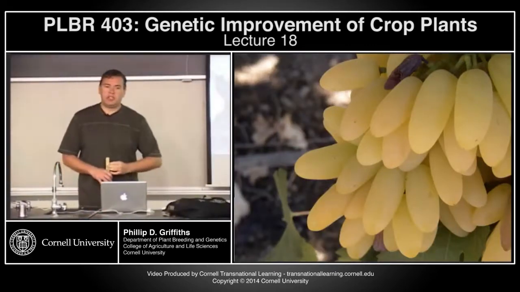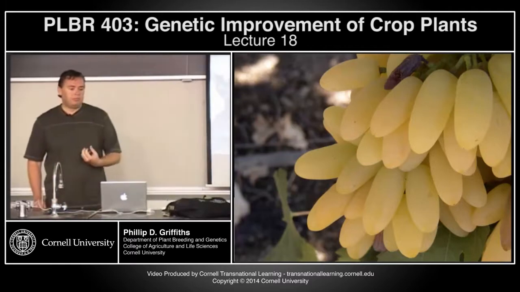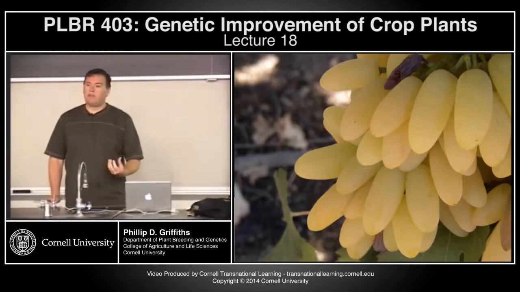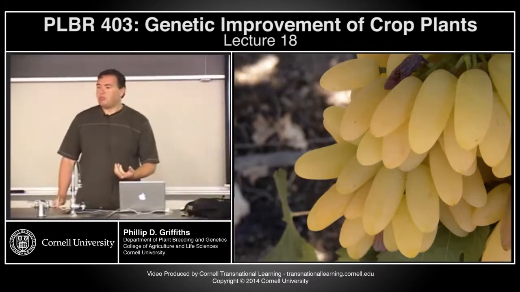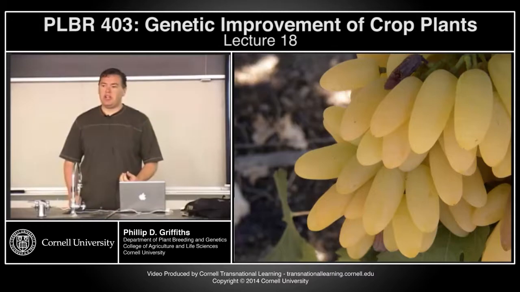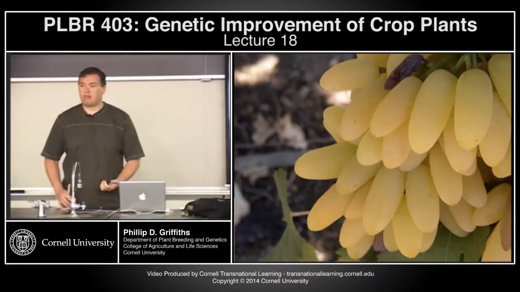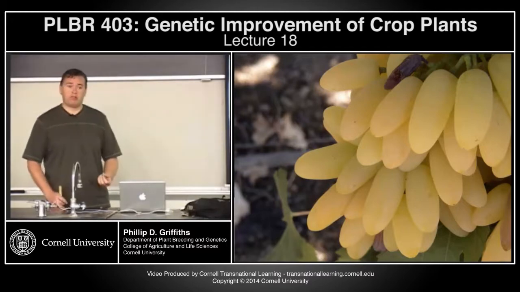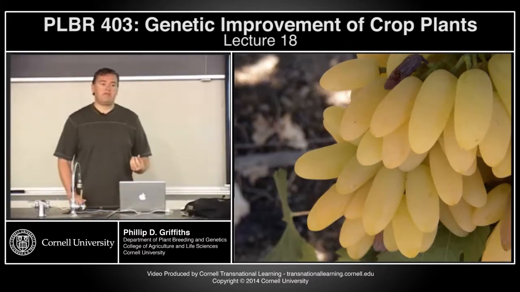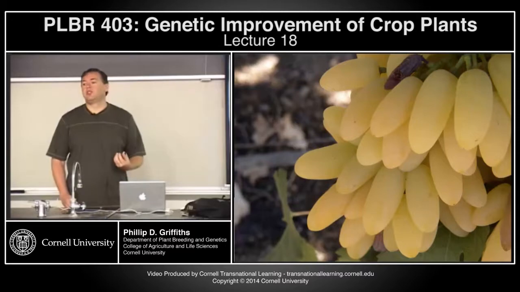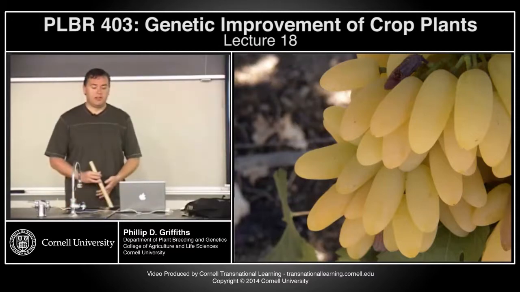But it's possible to take this material and find a lot of unique traits that can then be crossed into a commercial type, creating whole new market classes of crops, particularly in horticultural crops, where we've got so much variation in such things as color, size, shape, and flavor that we can really take advantage of.